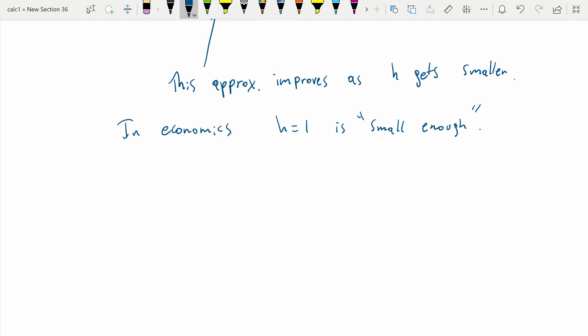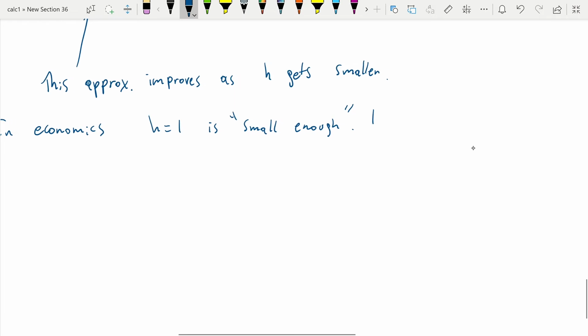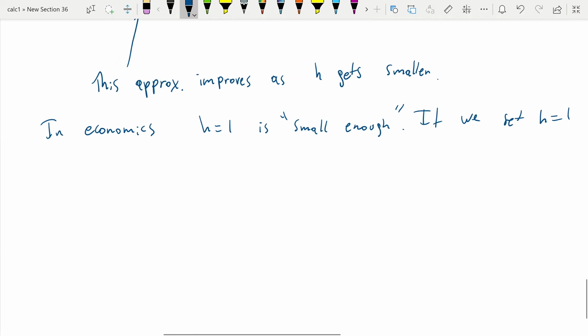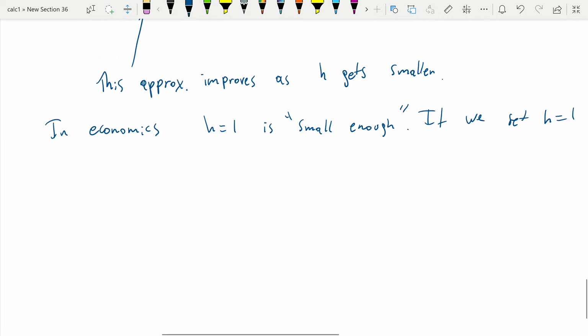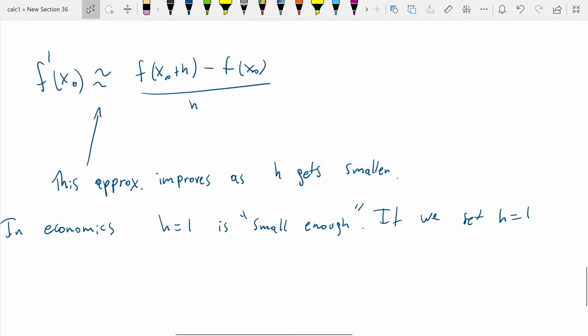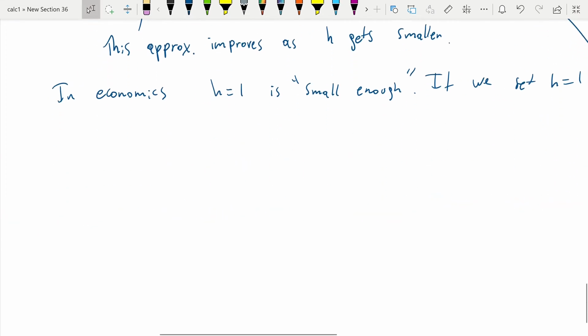And if we set h equal to 1 in the formula up here in this approximation, what we obtain is the following.